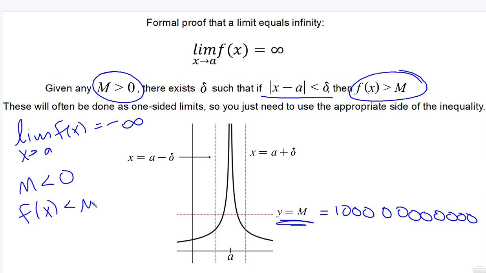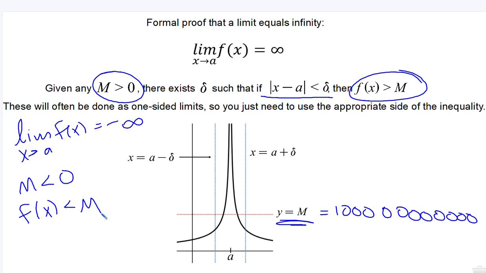So we'll do one of these in a little while with it being negative infinity. But really, we're just flipping the picture on its end and saying, okay, pick some horizontal line y equals M and show no matter how large of a negative number that is, in other words, like negative 10 billion or something like that, that our function on some delta range always goes below that value. So that's going to be our idea.